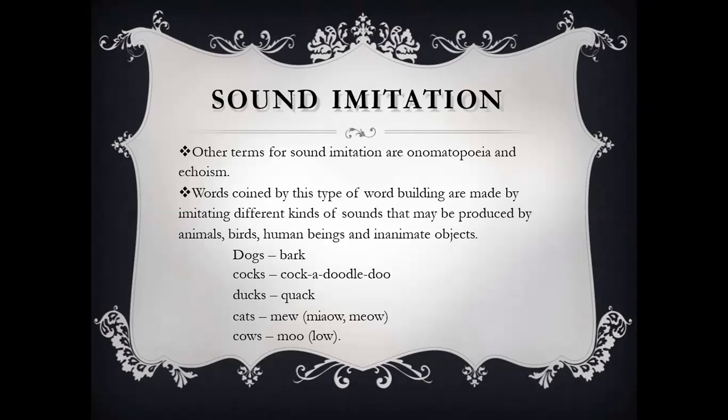Sound imitation is when words are made by imitating different kinds of sounds. In order to name the process of making sounds, maybe of animals, birds, human beings, or inanimate objects, people start to name this process by its sound.